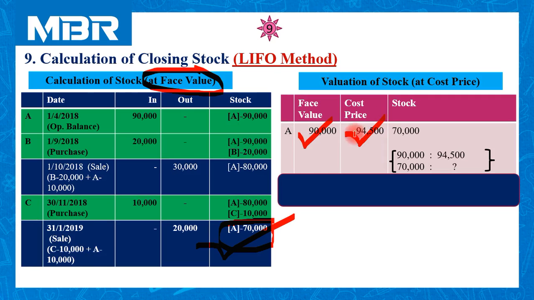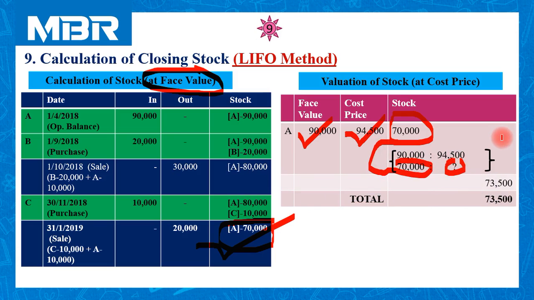So simple cross multiplication. When face value is 90,000, cost price is 94,500. Out of this 90,000, closing stock is available to us for 70,000. So 70,000 how much? The result of this cross multiplication, 70,000 multiplied by 94,500 divided by 90,000, is rupees 73,500.